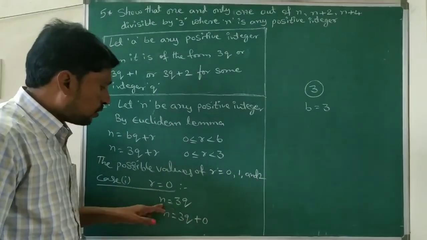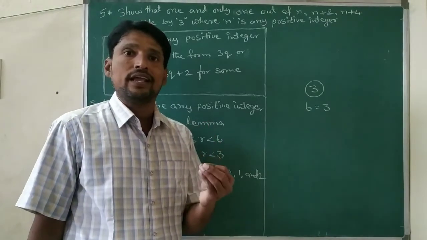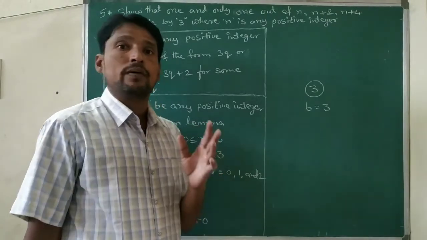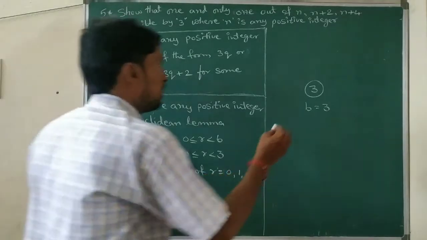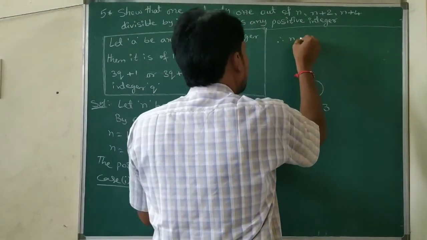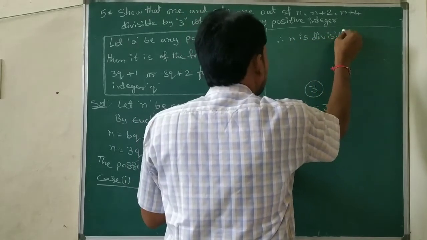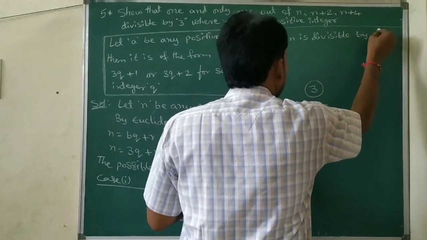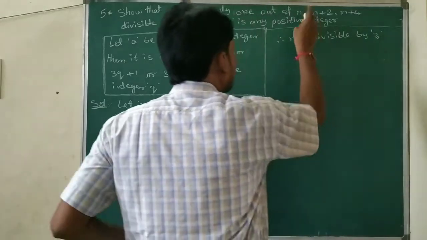Every multiple of 3 is exactly divisible by 3. So what we have to conclude here? Therefore n is divisible by 3. So the first one we completed.